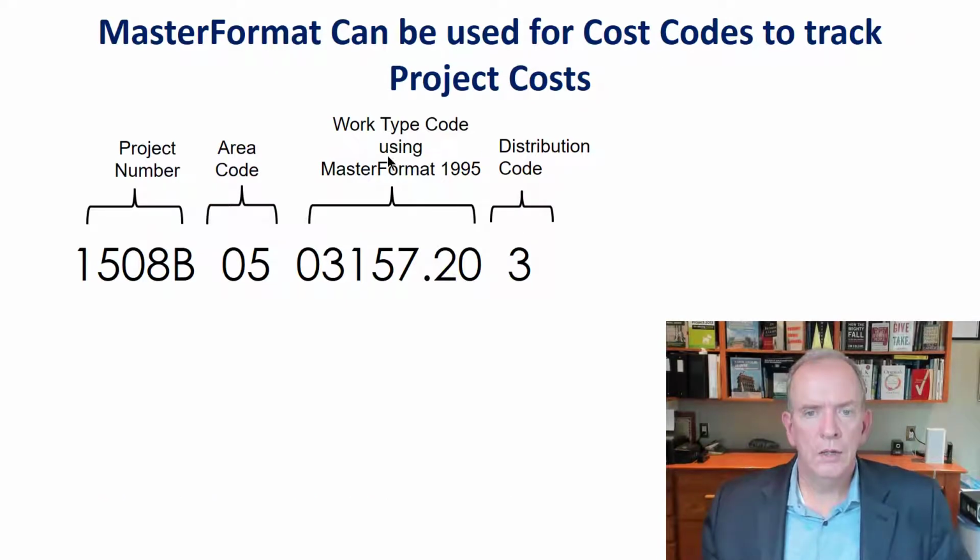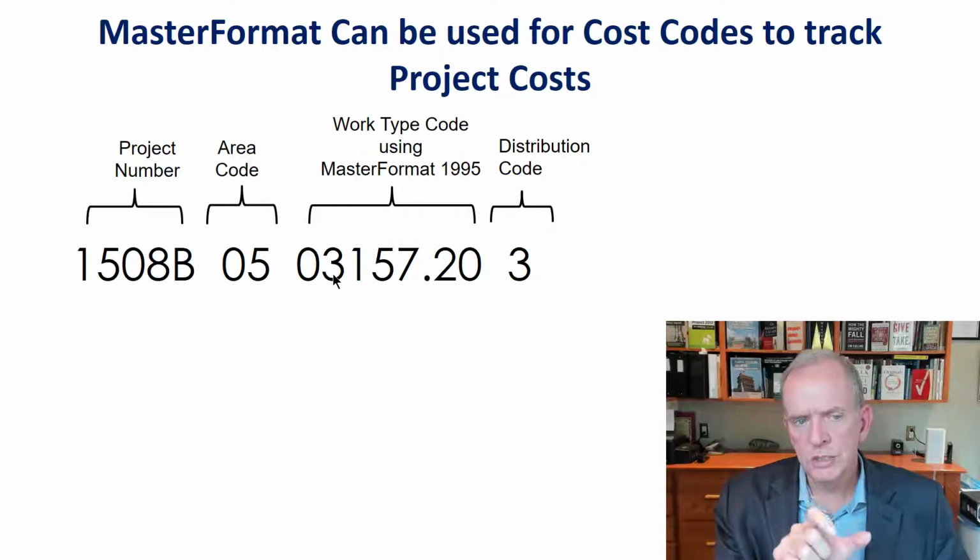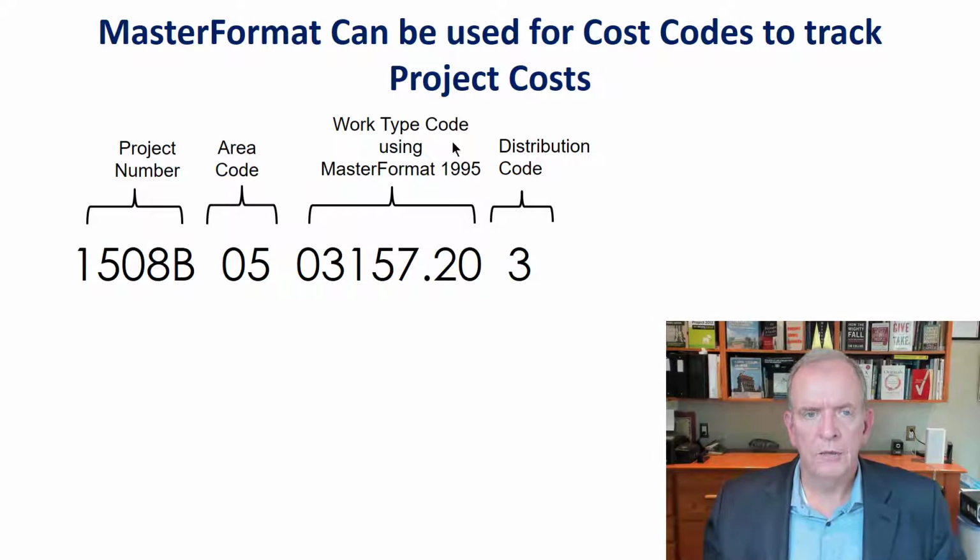Also, I should mention, you're going to do courses if you're in the 3-year program. There's a cost control course in 3rd year. I may teach that, it depends, but in cost control, you have different sections, and you can utilize MasterFormat for coding.